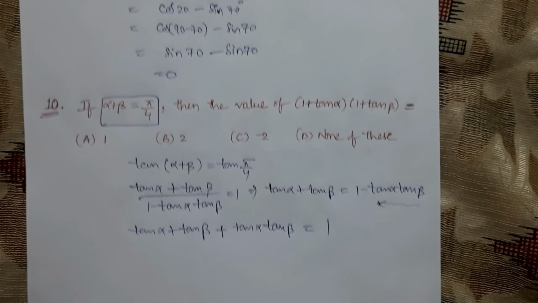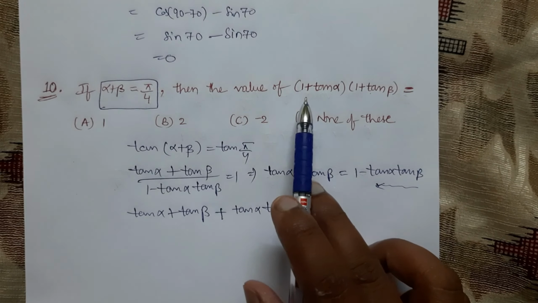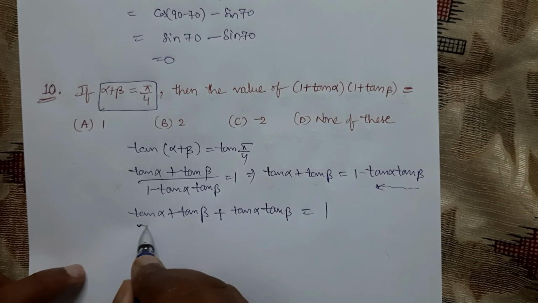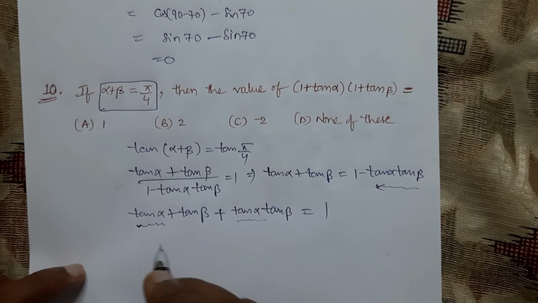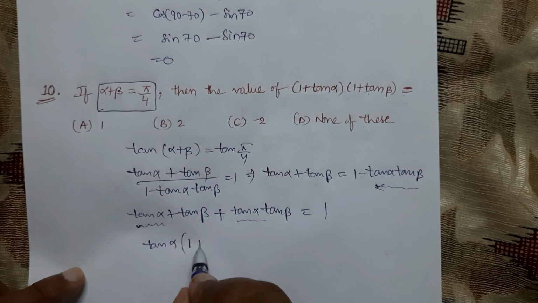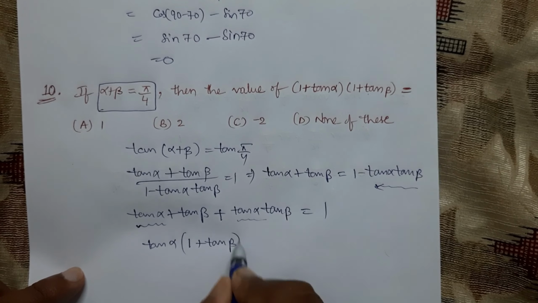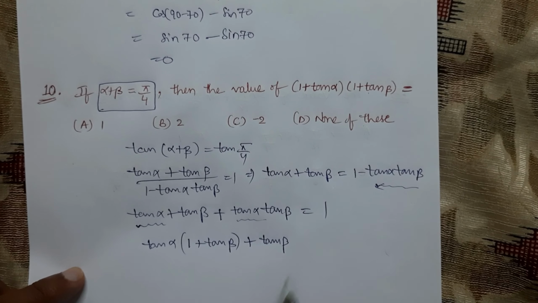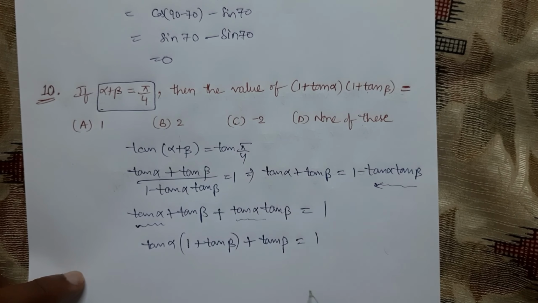Now, according to this, what we need is 1 plus tan alpha into 1 plus tan beta. We don't need tan alpha into tan beta like that. So first of all, I will take tan alpha common from these two. If I take tan alpha common, here it will be 1 plus tan beta, plus here the remaining thing is tan beta. Here we have 1.